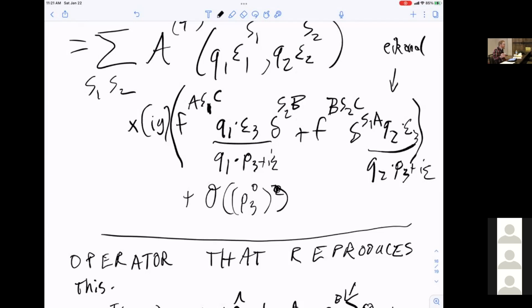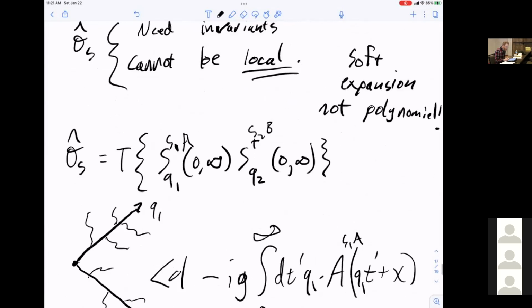And I know that things should be Wilson lines. Therefore, I should look for a Wilson line that depends on Q1 and Q2. And why is it straight? Well, it's straight because I don't really care about the small perturbations. Those small perturbations in the soft limit are not going to deflect things off of the path that it's traveling. That would be the reasoning you would go through in order to figure out what this soft operator had to be.